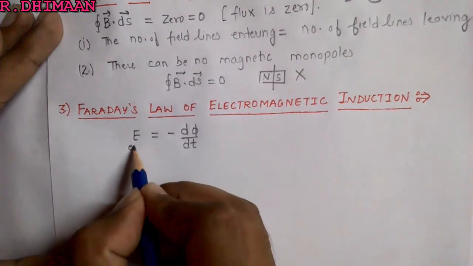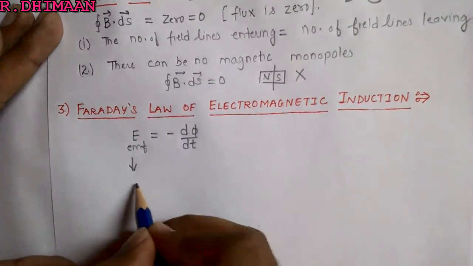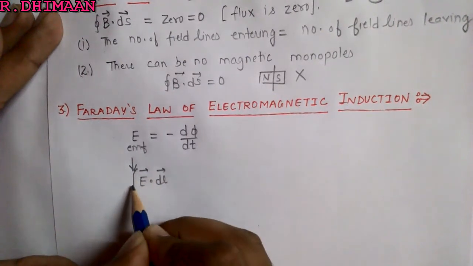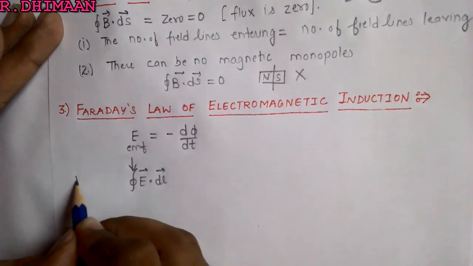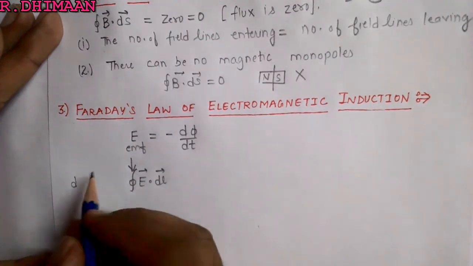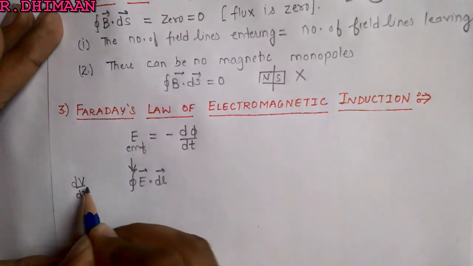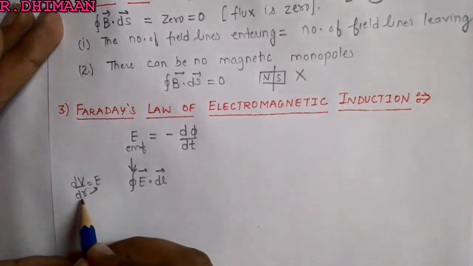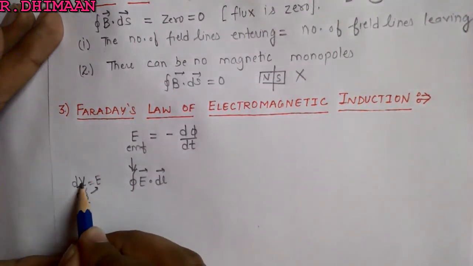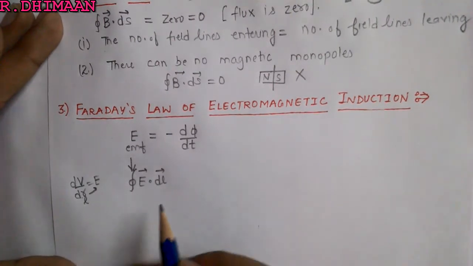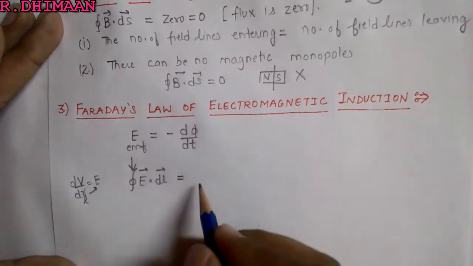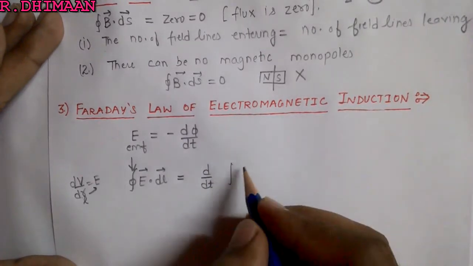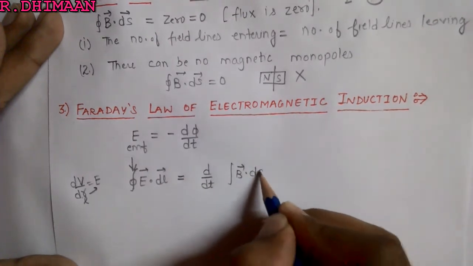Now this is EMF, and this can be written as the line integral of E dot dl, because we know that E is equal to dV by dr. That is why the integration of E dot dl is equal to potential or voltage, and this can be written as d by dt of B dot ds.